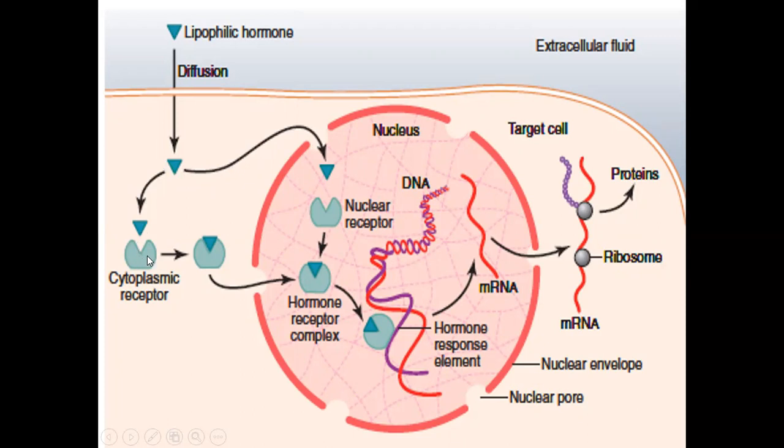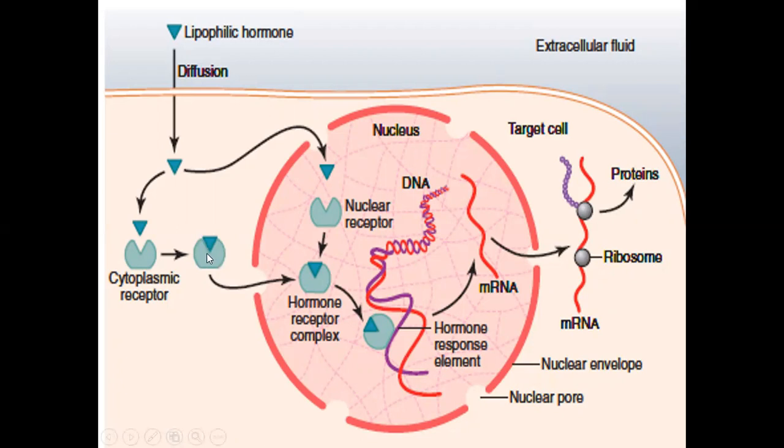In contrast to cell surface receptors producing a second messenger, which may be cAMP or IP3, for steroid hormones the second messenger which will generate the desired physiological effect is the hormone receptor complex.